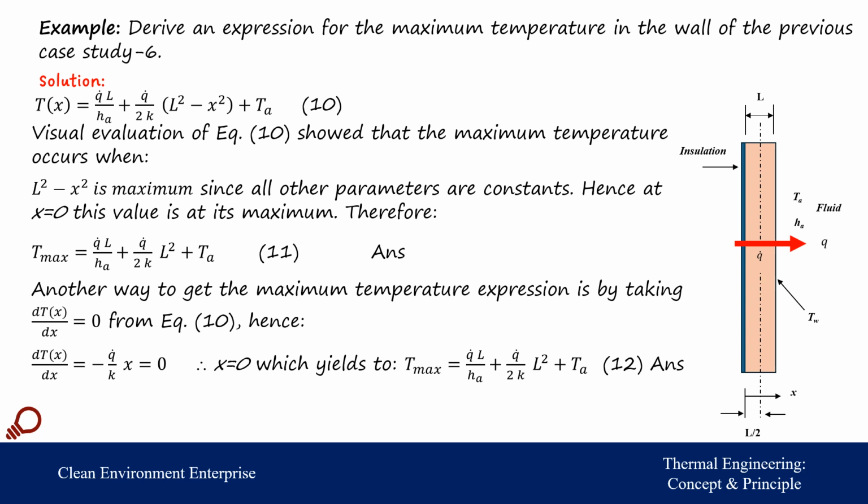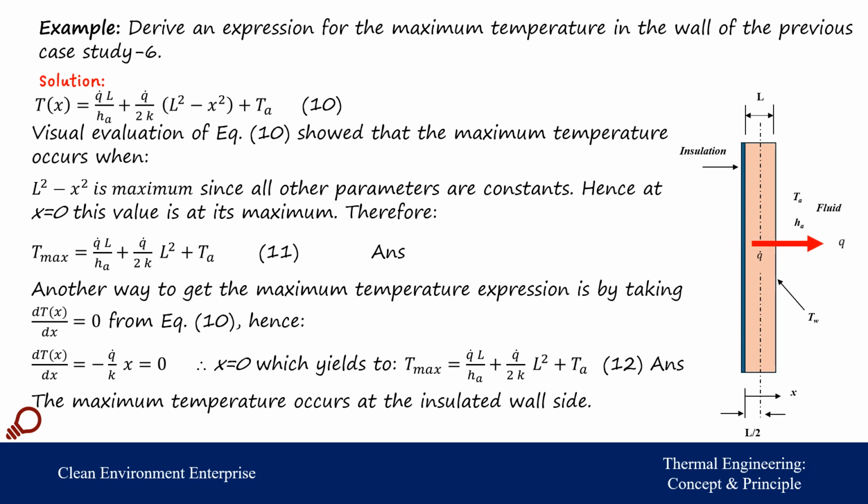Then we will get Tmax equal to Q dot L divided by HA plus Q dot divided by 2K times L square plus TA, which is similar to equation number 11. And this is the answer for this equation and this exercise. And then the maximum temperature occurs at the insulated side of the wall.